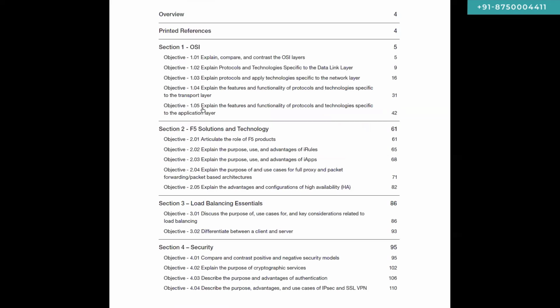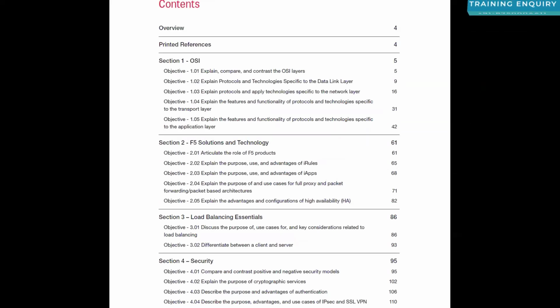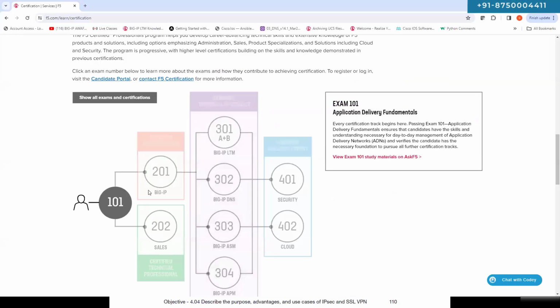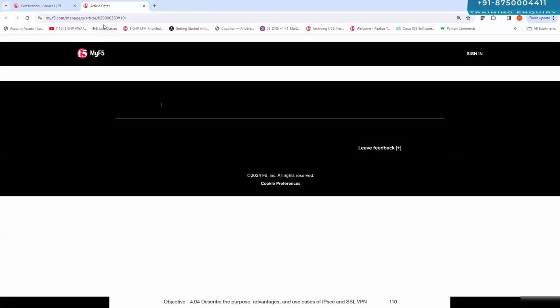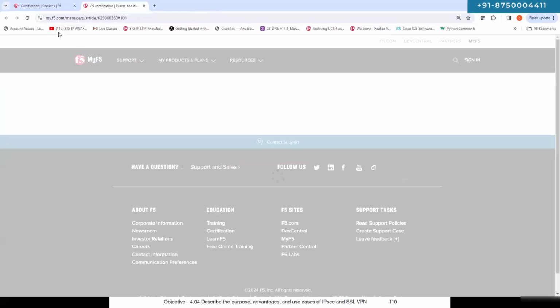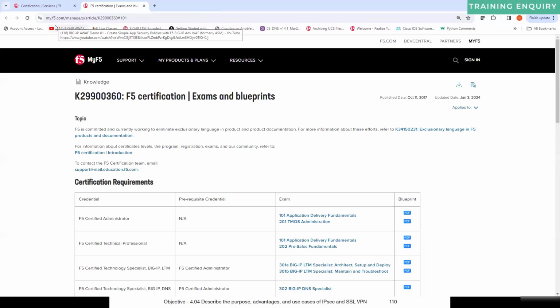Now, this 101 guide is a little old with me. So if you want to go through the latest one, then I would go back to the 101, and then you go to study material to ask F5. That's the support site, my.f5.com, and you get a lot of resources available on it.